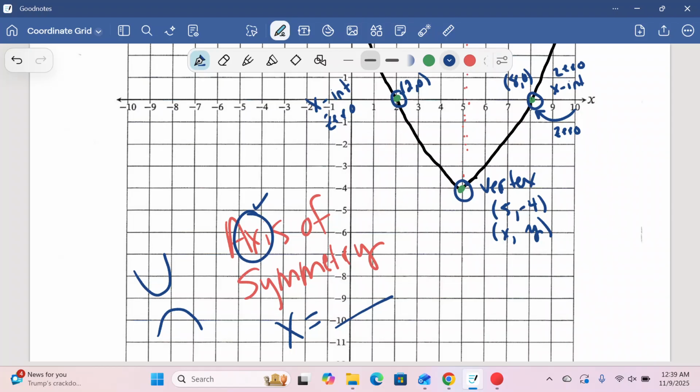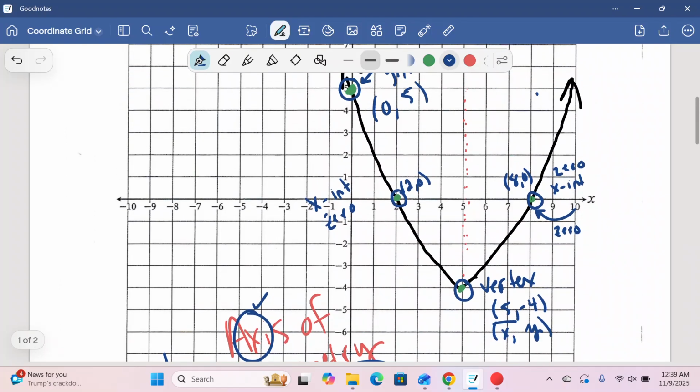So once again, we look at the x value of the vertex. The x value right there is 5. So the axis of symmetry is x = 5. Why is it 5? Because it crosses the x-axis right here at 5, and it does cut this U shape in half. Theoretically, if it was graphed correctly, that will give you your axis of symmetry.